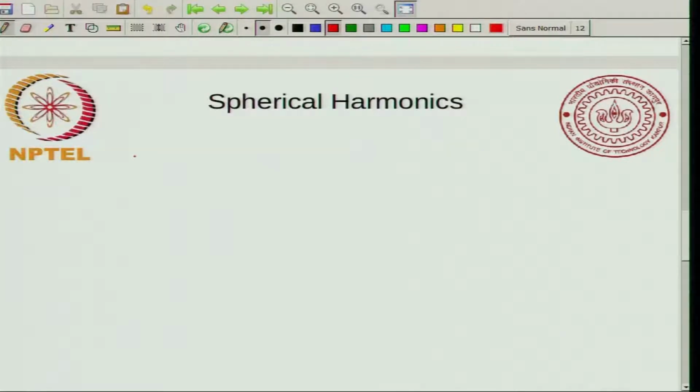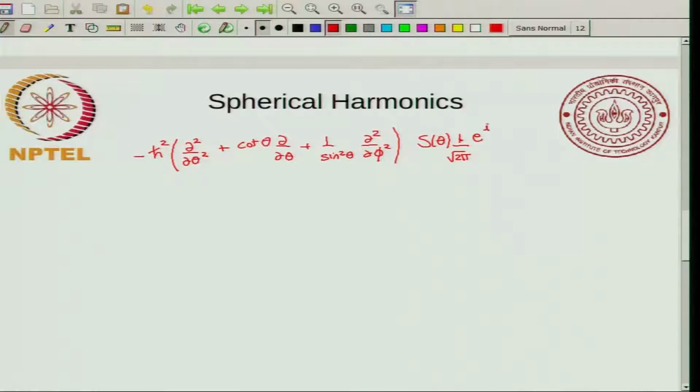So what I will get, I will just write it explicitly, minus h bar square, and you have del square by del theta square plus cotangent of theta del by del theta plus 1 by sine square theta del square by del phi square, acting on y, and instead of y I will write s of theta, which is only a function of theta, times 1 by root 2 pi e to the i m phi.